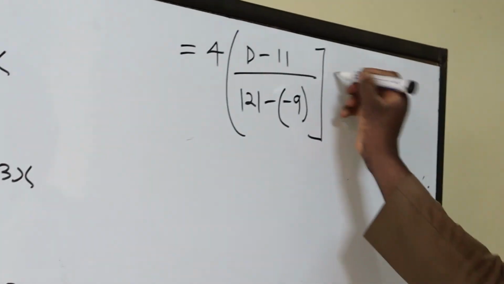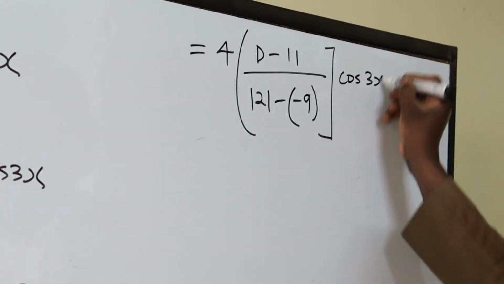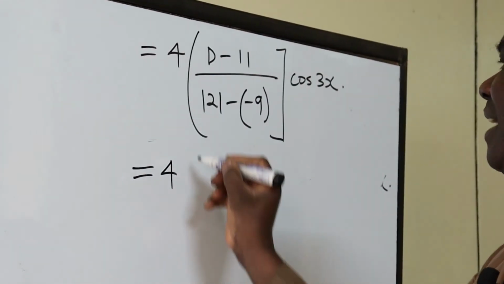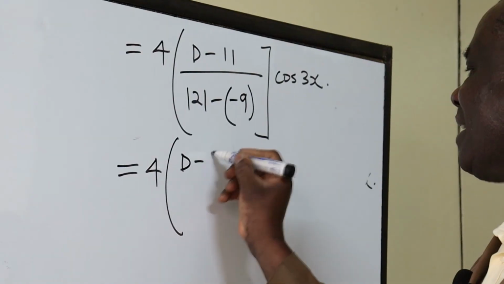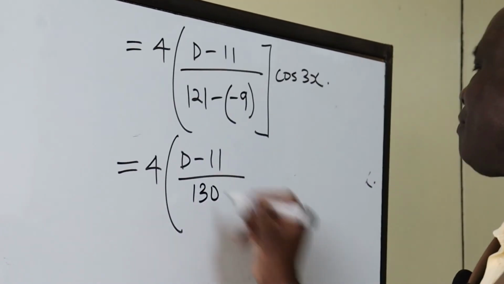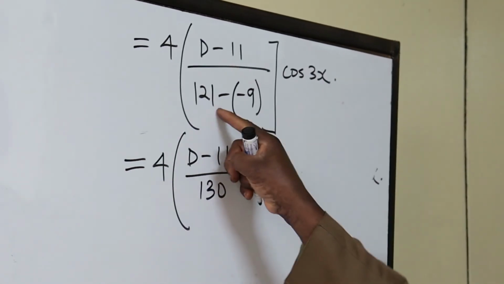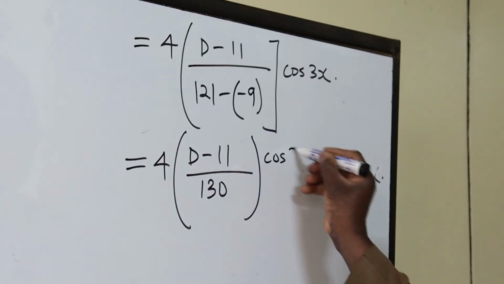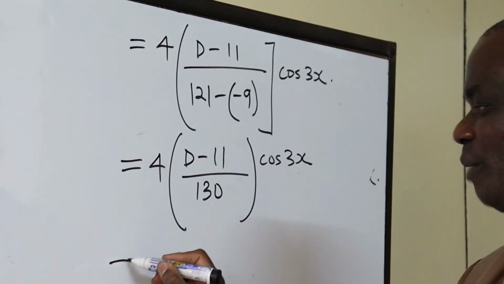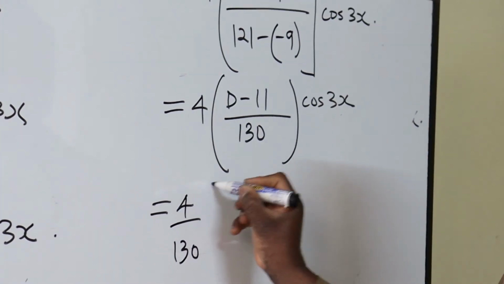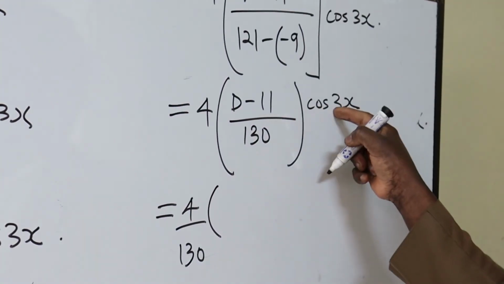We insert that, the whole acting on cos 3x, which will be 4 into D minus 11 all over 130 acting on cos 3x.